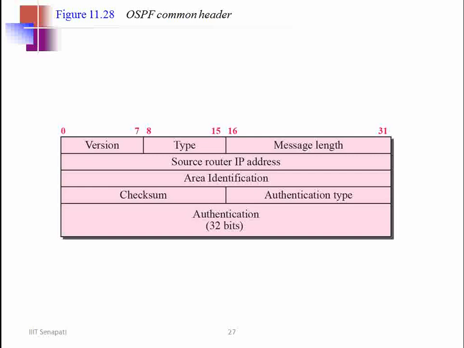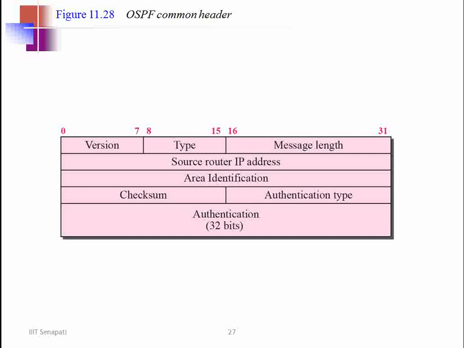Now the authentication type is a 16-bit field. It defines the authentication protocol used in this area. At this time, two types of authentication are defined. You can have 0 for none, no authentication, and 1 for password, meaning you are using some password.